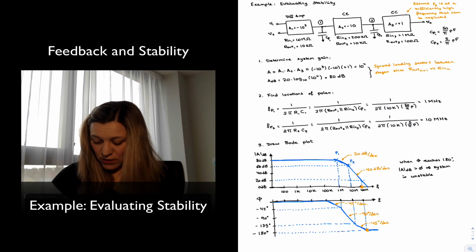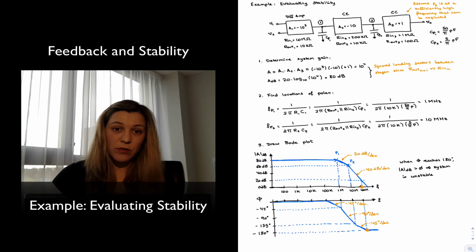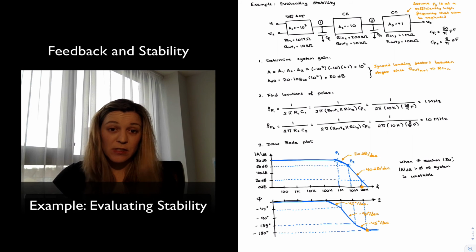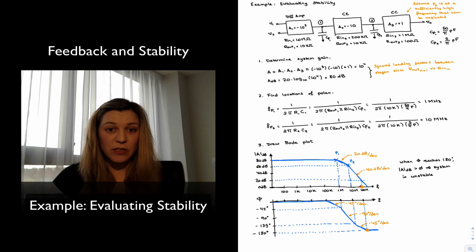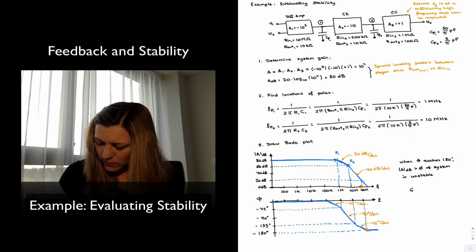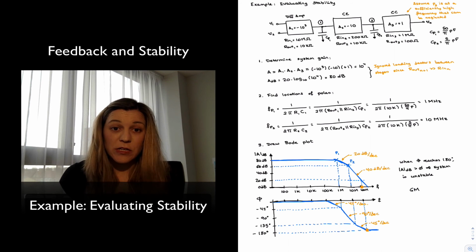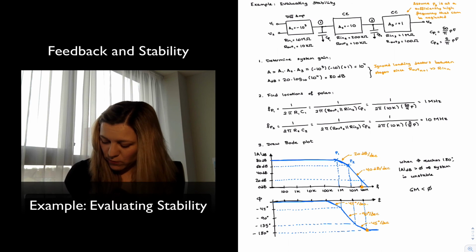Now, if I wanted to determine my gain margin, I will need to look at what will be the value of my gain by the time I reach 0 dBs, and I can see that it is positive 20 dBs, and so my gain margin, if you will, is going to be negative 20 dBs. But a negative gain margin is no good, so it's less than 0, therefore that's bad.